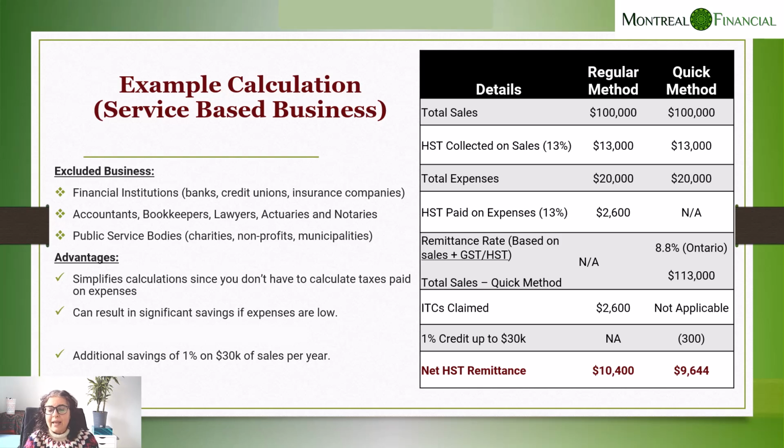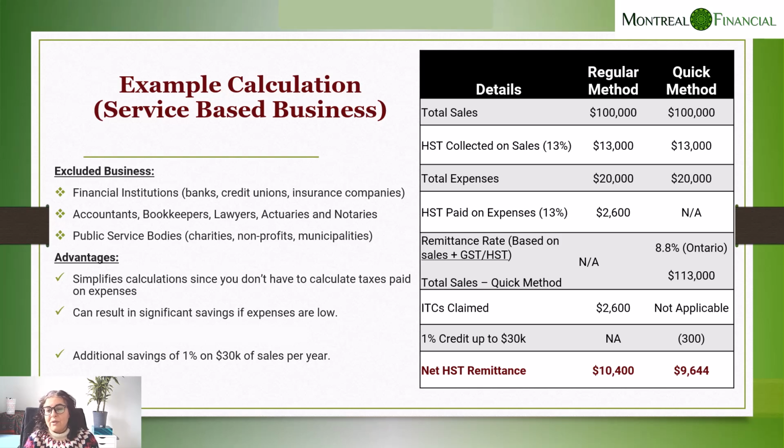So the net HST remittance in this case would be $9,644. So you'll see here that you save almost $800 on $100,000 of sales. Note that if your expenses were lower, you would actually save more.